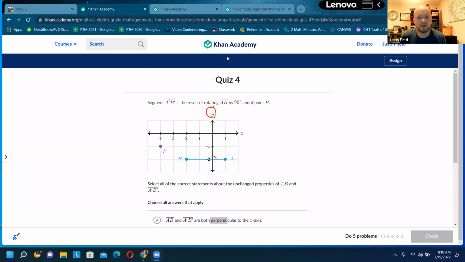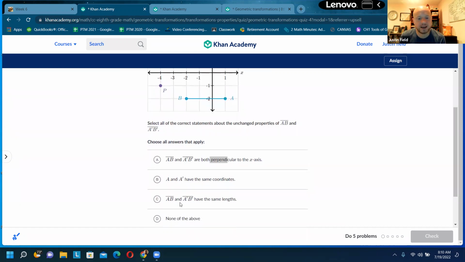Well, if you rotate them and that's not the center, then they would not have the same coordinates. AB and A prime B prime have the same lengths. Yes. Okay, so when you rotate, translate, or reflect, your segments will all have the same length. So that will remain unchanged.